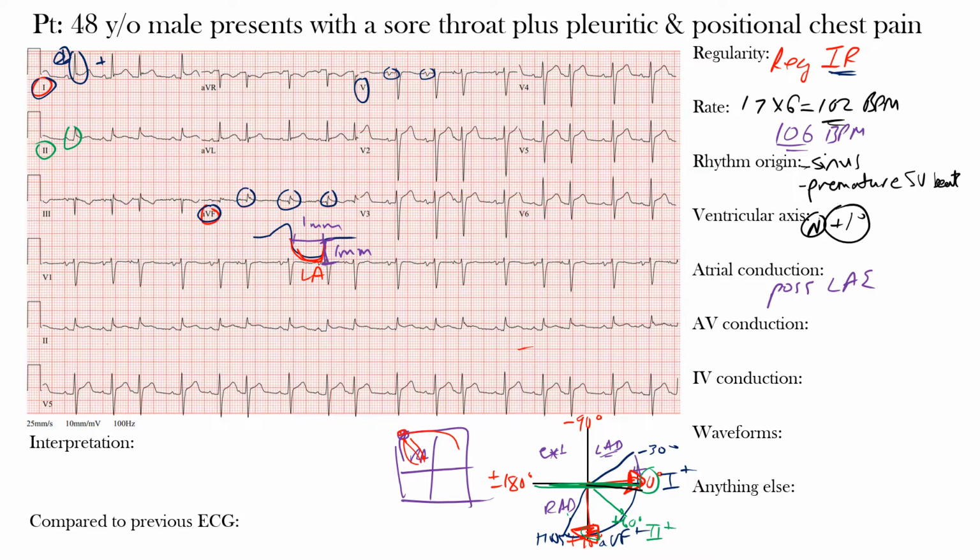In fact, it was measured to be 152 milliseconds. So we have normal AV conduction.